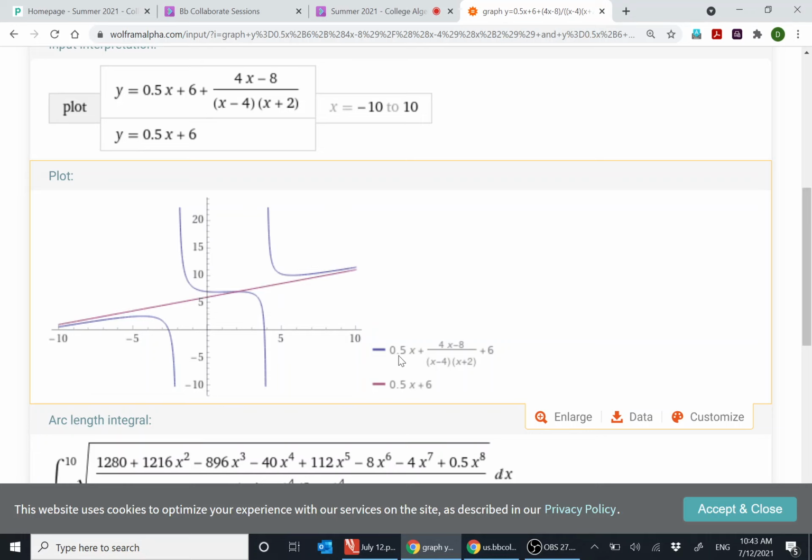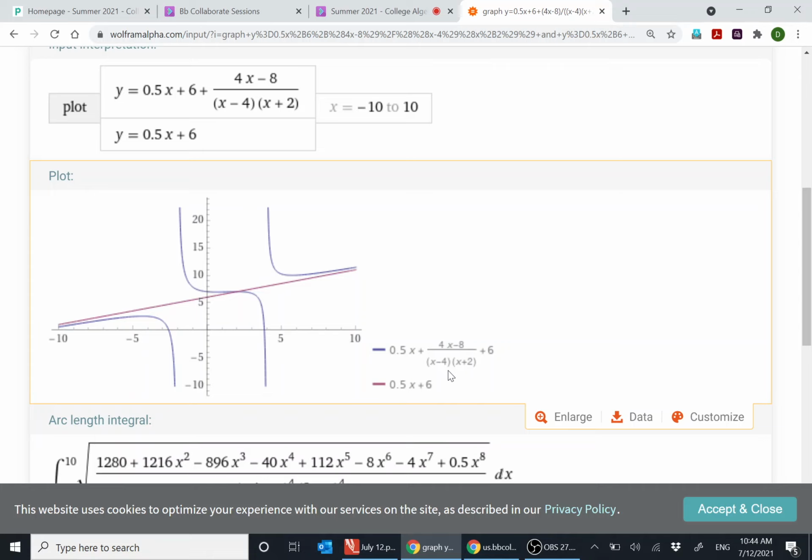So here in the blue is 1/2 x plus 6 plus that rational function, right? So around where those vertical asymptotes and the x-intercepts are happening, there's some significant difference. But as x gets large, positive large or negative large, the rational function essentially just becomes the line.